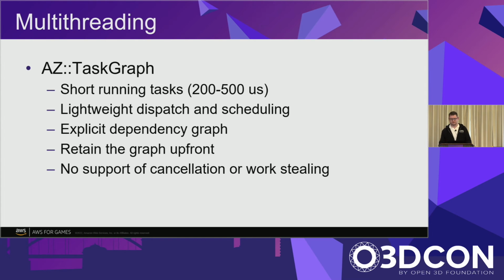The task graph has fewer features, so it's a more lightweight implementation. For example, it doesn't support cancellation of tasks. But a lightweight implementation also gives a bit better performance.